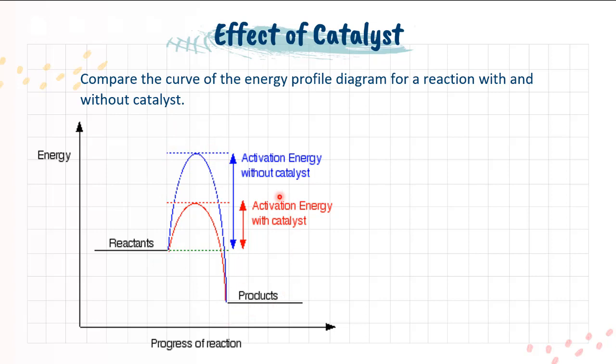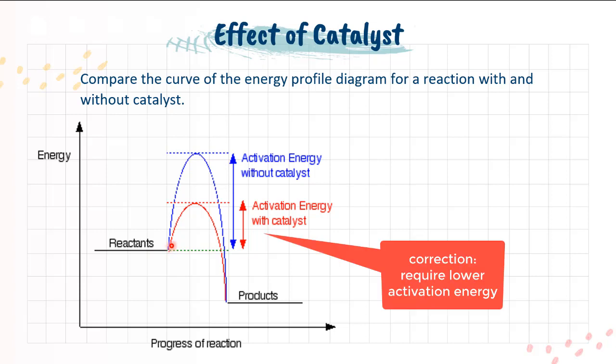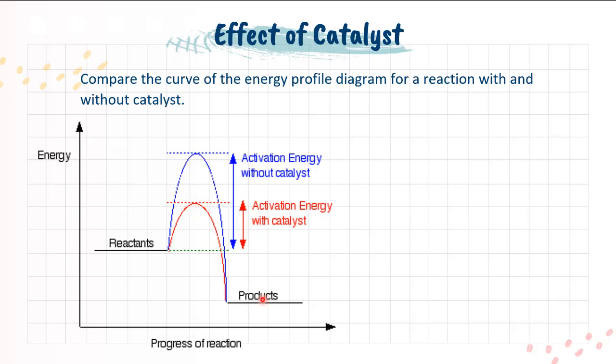But if you added catalyst, the function of catalyst, recall, is to increase the reaction rate by providing an alternative pathway with lower activation energy. So now, if you use the catalyst, you only require maybe half of the energy to reach your product.